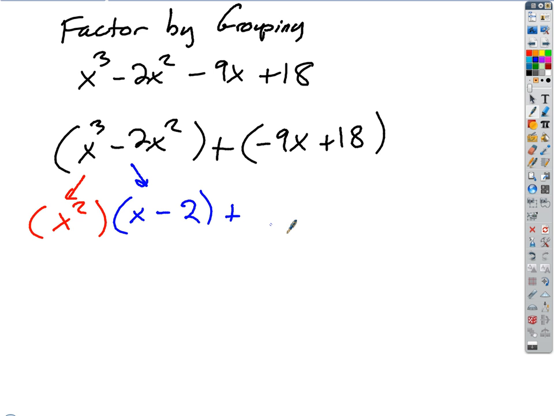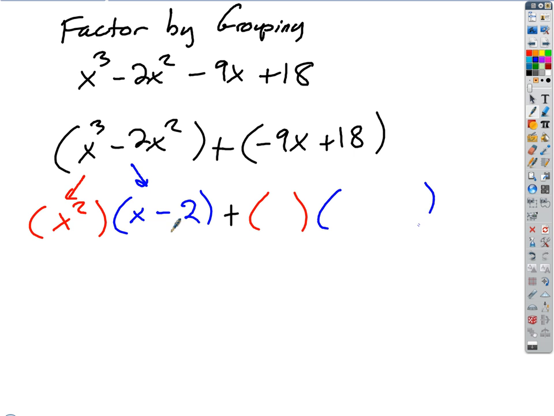But if it does, here's what has to happen. Remember that when we break the second group apart into a greatest common factor and a leftover, which one of those two factors, the blue or the red, has to be the same? The blue.